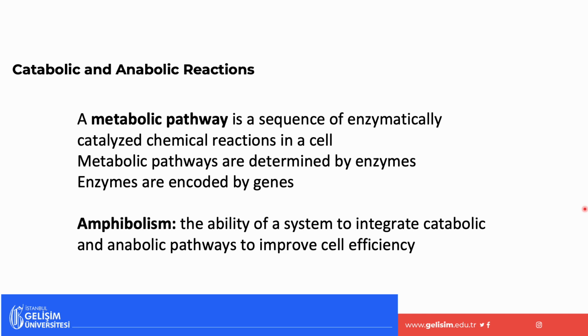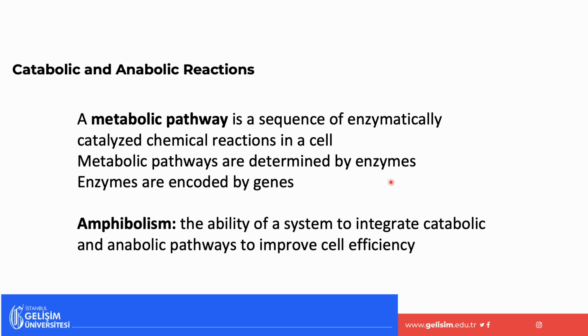Metabolic pathways are the series of chemical reactions that occur within a cell, and they're often determined by coenzymes. Enzymes are specialized proteins that speed up, or the term that we use is catalyze, specific chemical reactions in a cell.